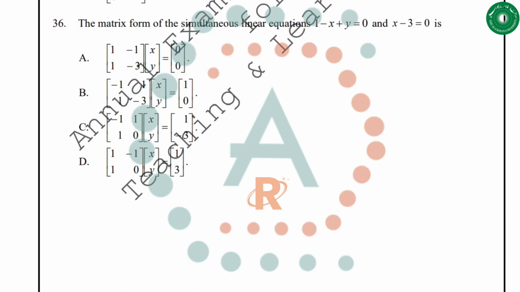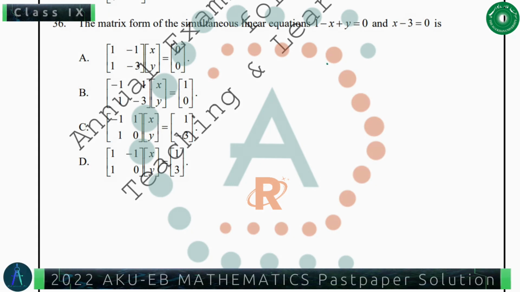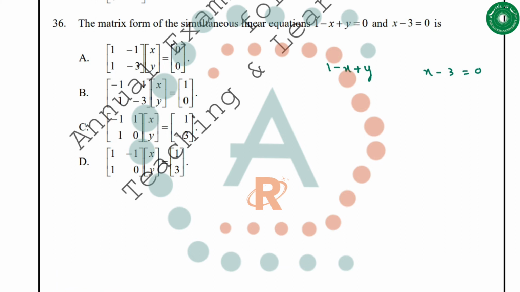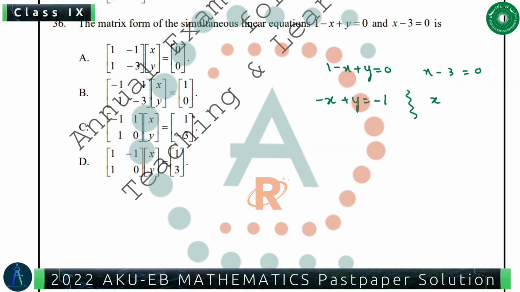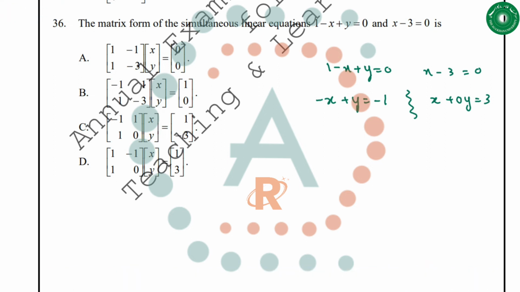The matrix form of this linear equation: 1 minus x plus y and x minus 3 is equal to 0. सबसे पहले तो इसे अगर हम arrange कर लें, so we will get minus x plus y is equal to minus 1 और x plus 0y equals to 3. तो ये हमारे पास कुछ इस तरह से equation form हो जाएगी.